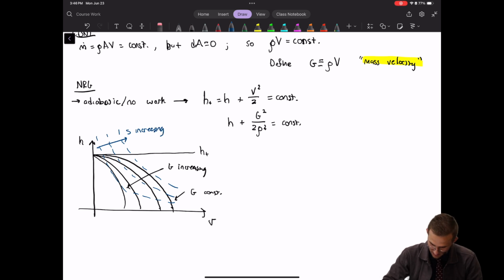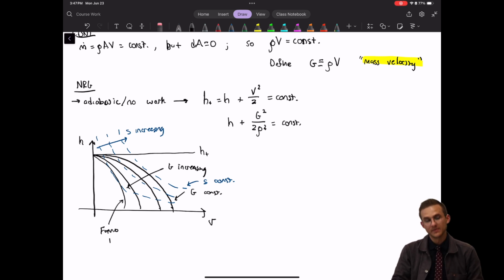I'll label this as S constant. And then these black lines here, we call those Fanno lines. Each one represents a specific Fanno process because G is constant.